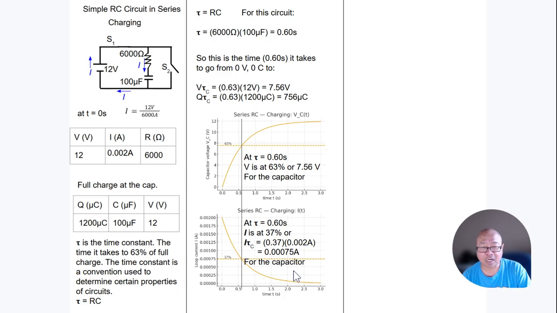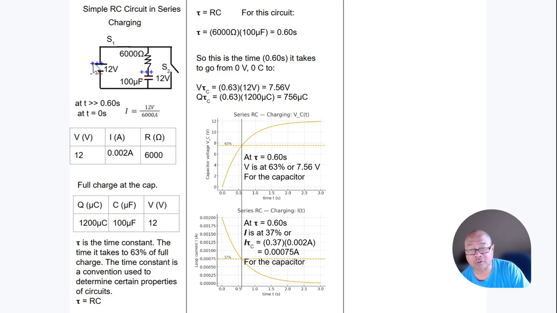Okay. Now, a long time after 0.60 seconds, this capacitor is at 12 volts. That happened again because this 12-volt battery is the maximum that this capacitor can become, because it's in parallel with it.